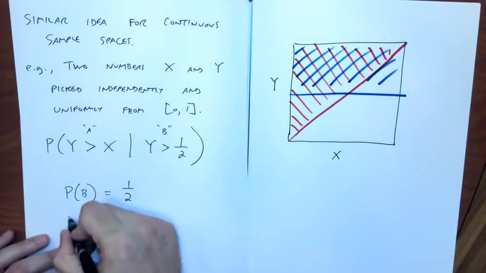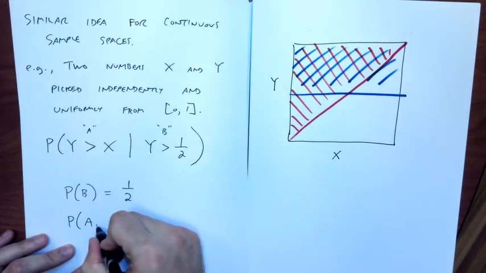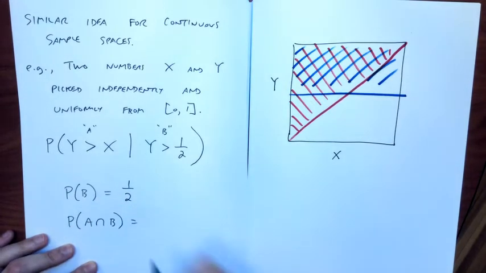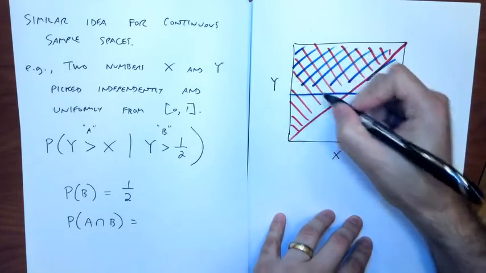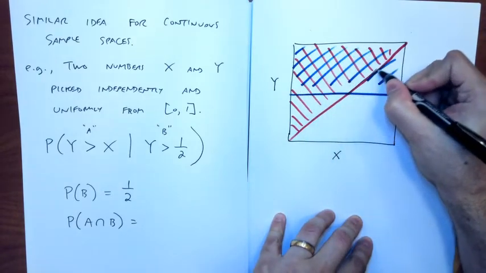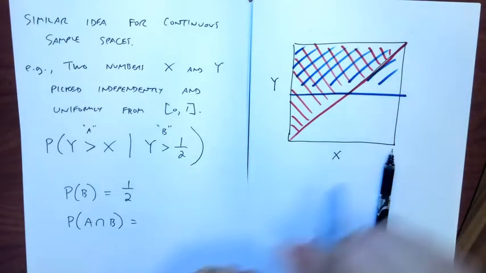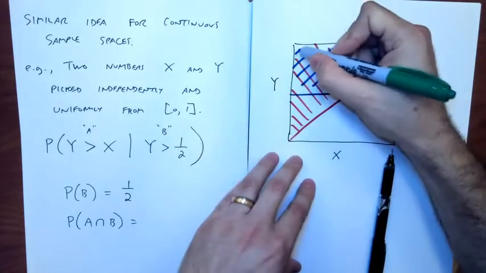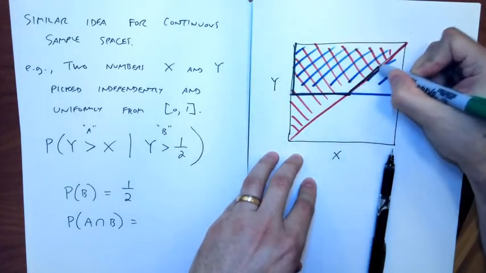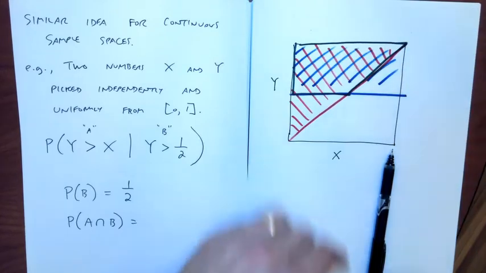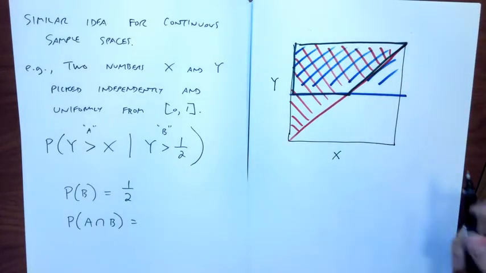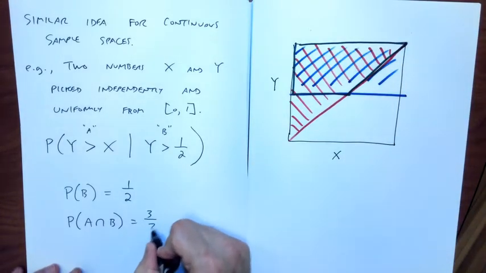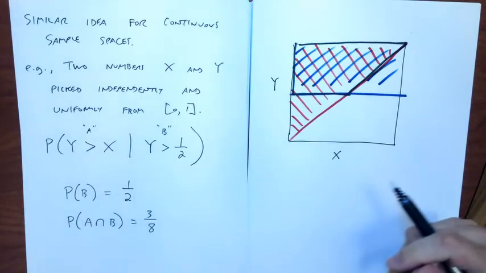So the probability that both these things happen, A and B, or A intersect B, well, what's the area of this trapezoid here? It's 3/8 of the whole square, right?